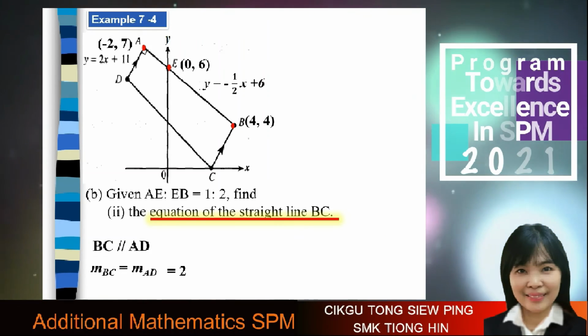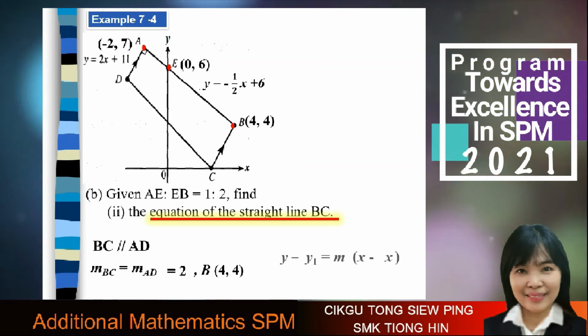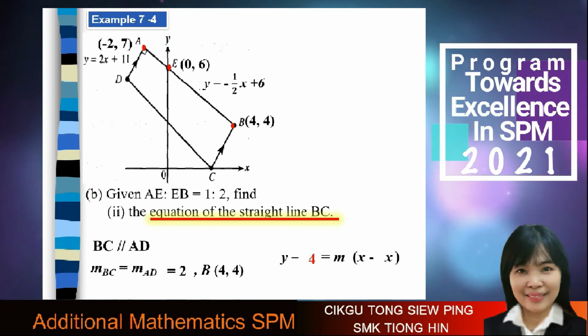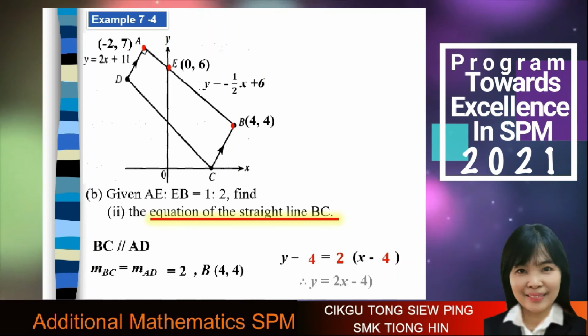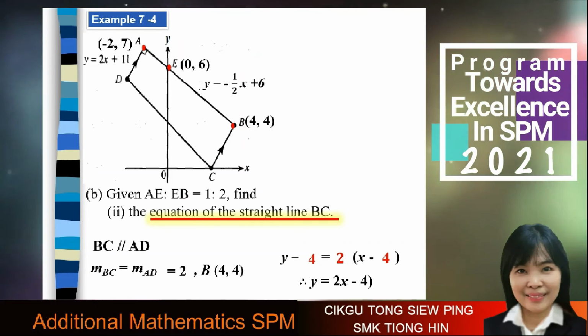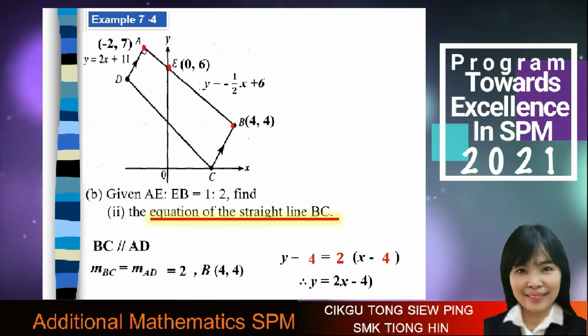And we also know the coordinate of B is (4, 4), so we can substitute it into the equation. And we solve for it, we get y equal to 2x plus 4. This is the equation of the straight line BC.